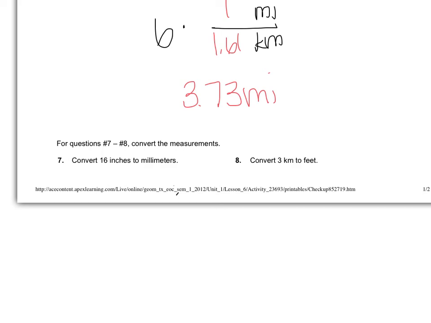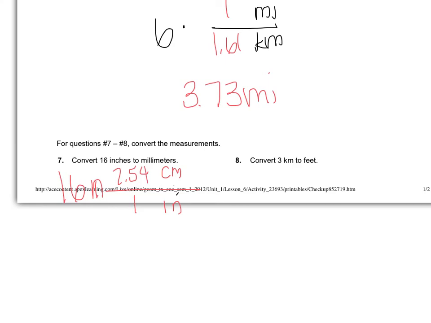Okay. So we have 16 inches. I've got to convert it to centimeters from inches. And I know that there's 2.54 centimeters in 1 inch.